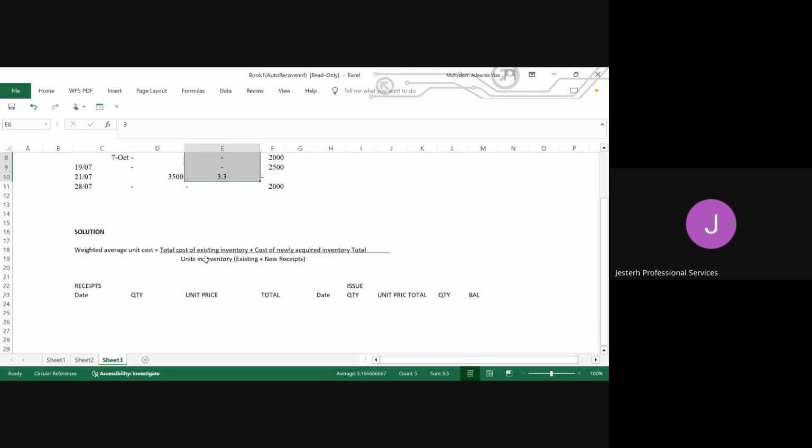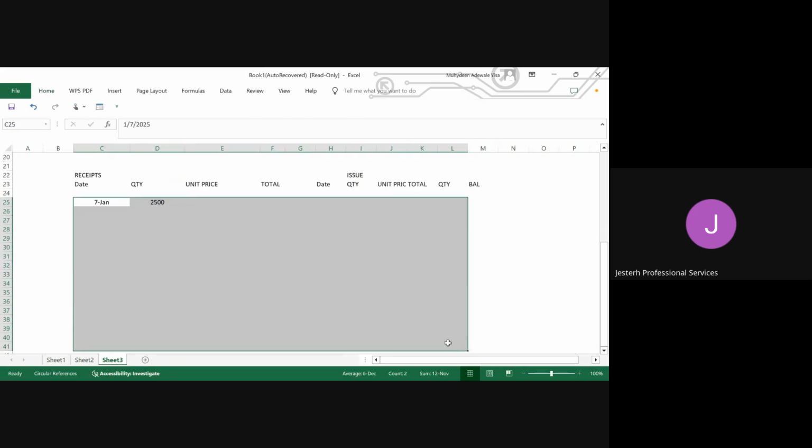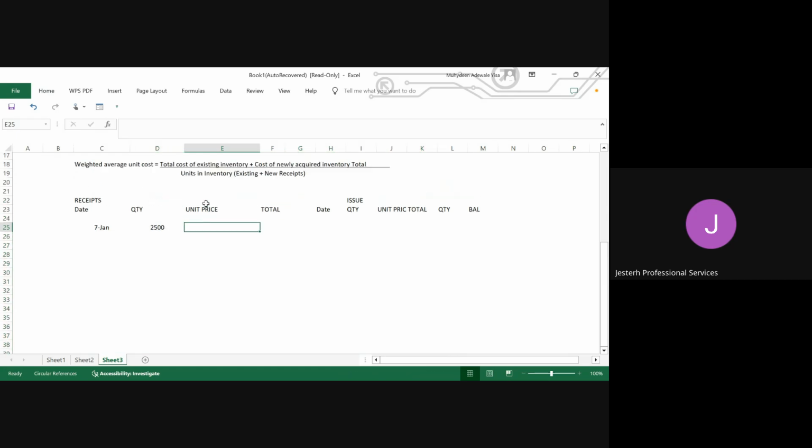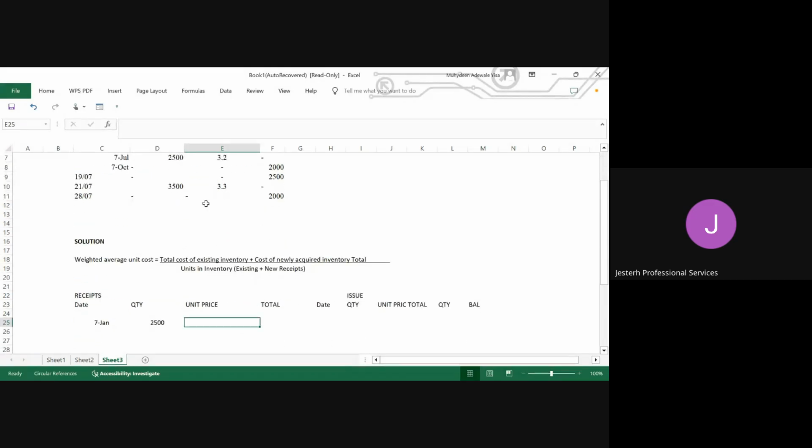Now, you will come here to the 7th of January. What did they purchase? 2005 units, at the rate of 3 naira. You just come here and put 3 naira.